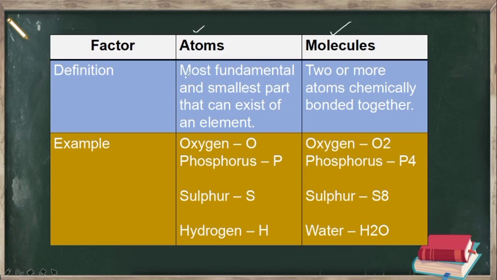As we all know, atoms are the basic fundamental particles which make everything present on this earth. As you can see in the definition here, atoms are the most fundamental and smallest part that can exist of an element, whereas molecules are two or more atoms chemically bonded together.